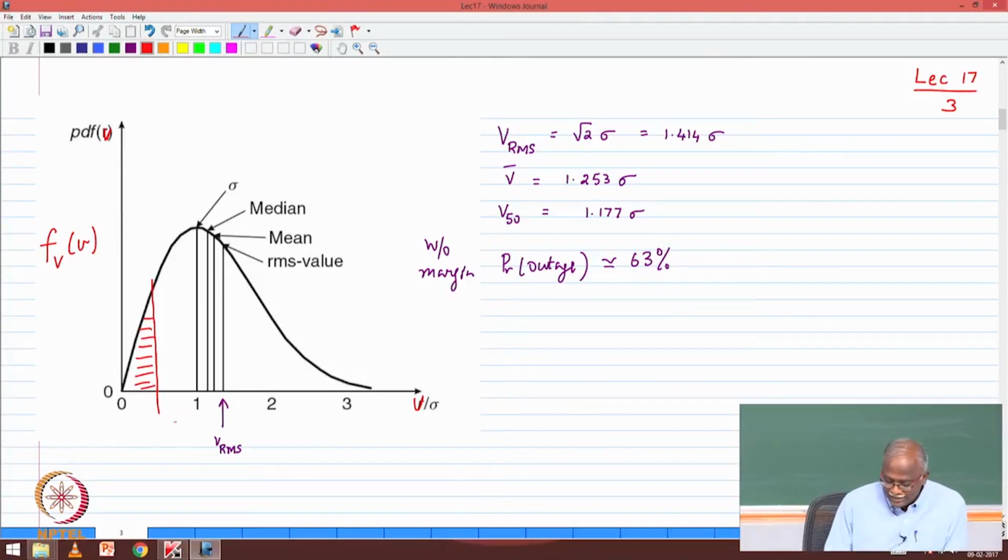This is the shift, this is the margin that I have introduced, and therefore the probability that I have an outage, that the amplitude is less than this value, is obtained by that integral. Again, I hope you are comfortable with these interpretations and where the margin comes in, and how the margin plays a role in improving the reliability in a fading environment. We move on.